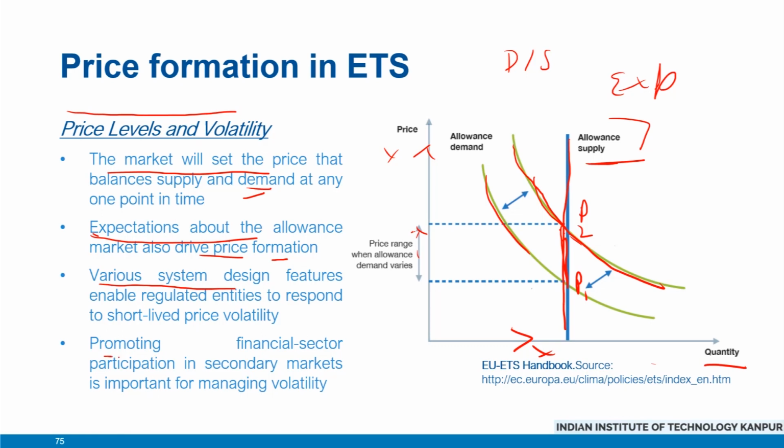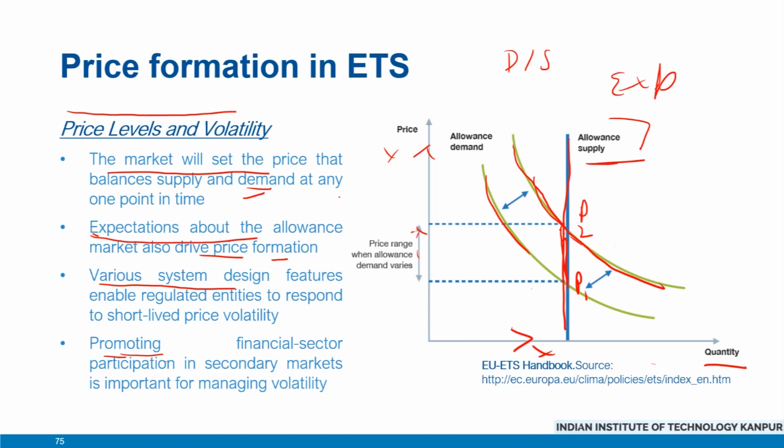Lastly, promoting financial sector participation in the secondary market is also important for managing volatility, as it supports the development of financial instruments needed for entities to manage price volatility. The financial sector can assist with creating products that regulated entities can use to hedge the risk of prices changing, such as options and futures contracts.